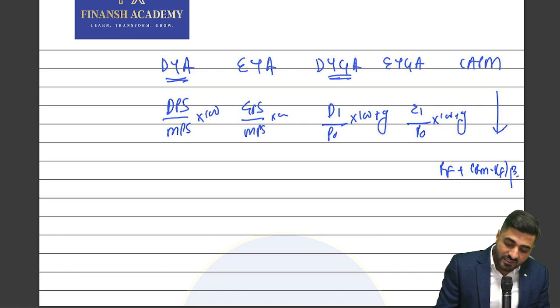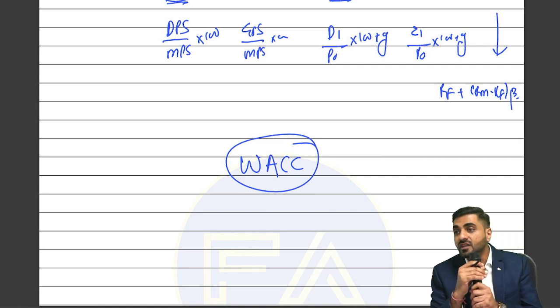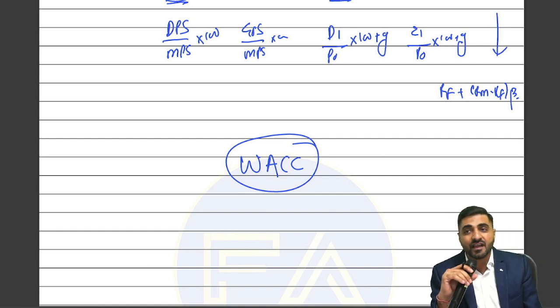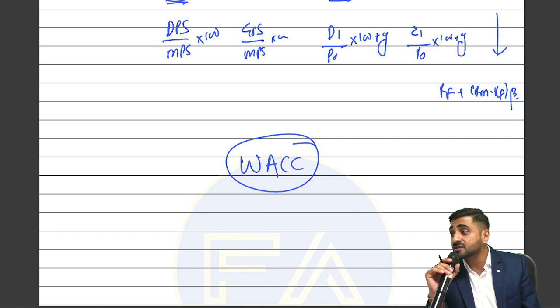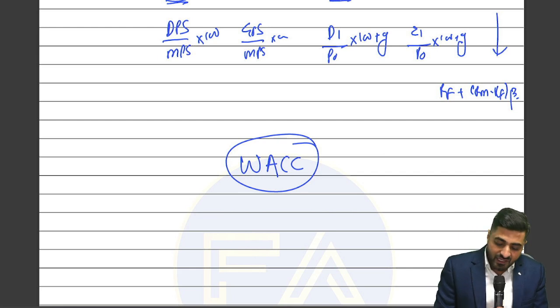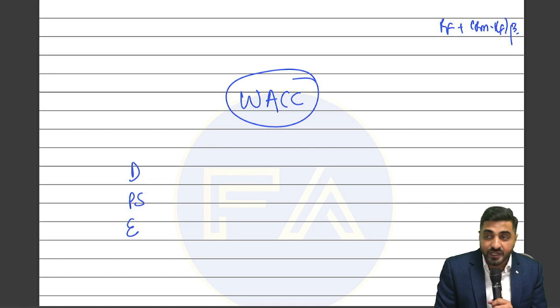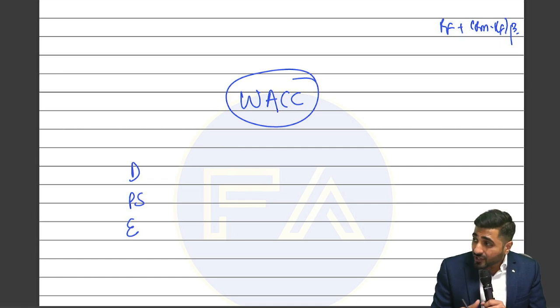Then there is something which is also called the weighted average cost. Does the company raise finance from one source or multiple sources, in the same proportion or in different proportions? Of course, different. If I'm raising funds from debentures, preference shares and equity, and I want to calculate the overall cost, what do I have to do?